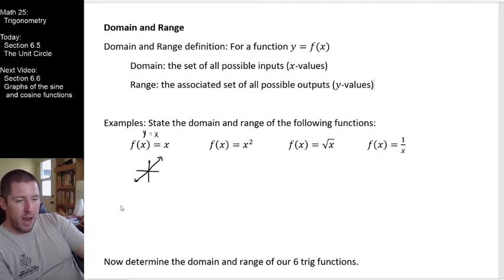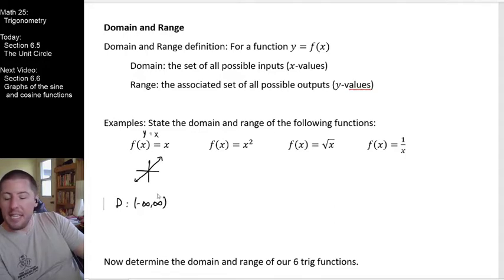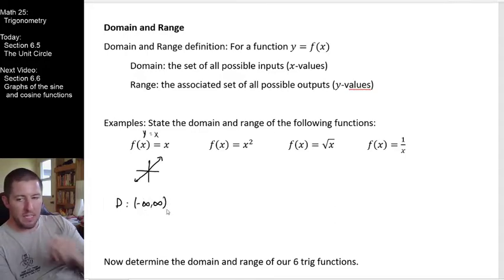So the way I would describe this is that our domain here is all real numbers. It's everything in the interval from negative infinity up to positive infinity. It's every single number.